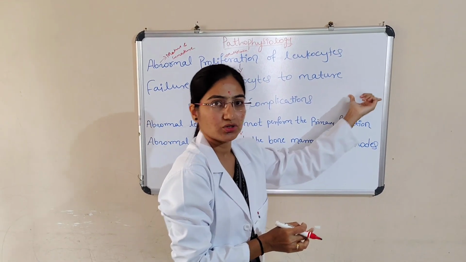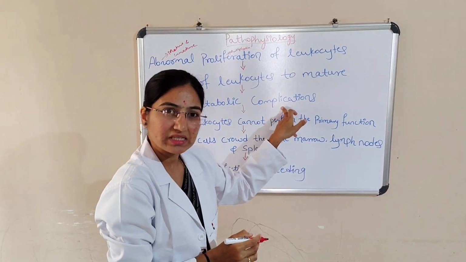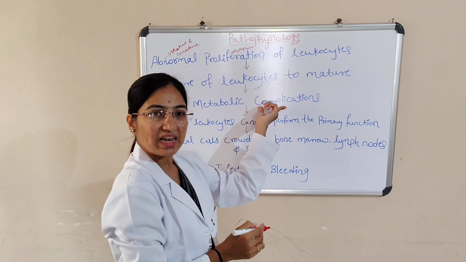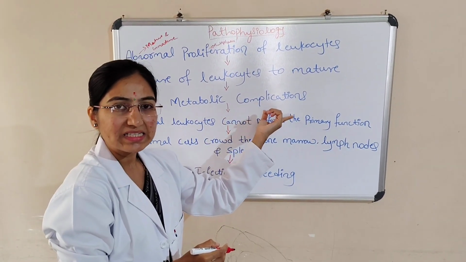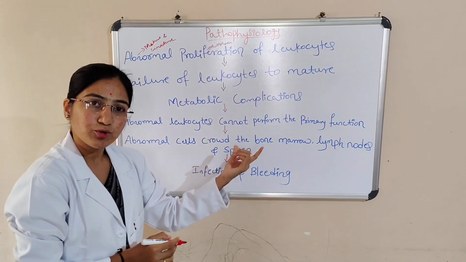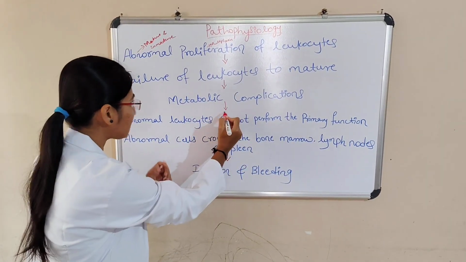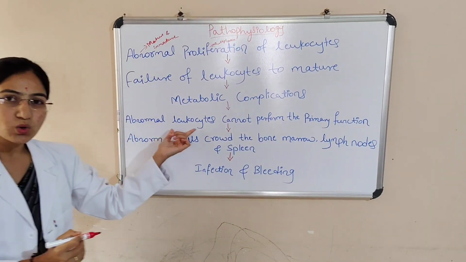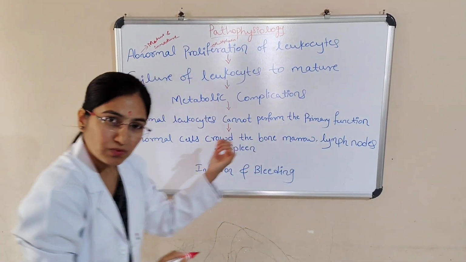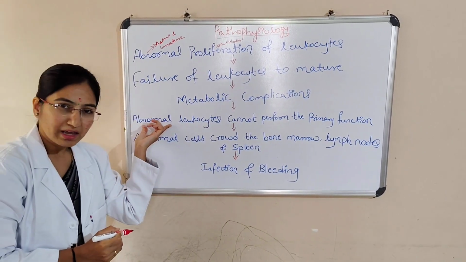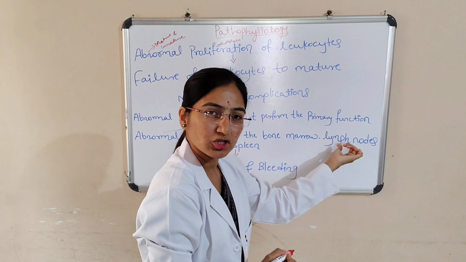Failure to mature leads to metabolic complications, like increasing the risk of heart disease, stroke, and type 2 diabetes. Since they are abnormal, they cannot perform their primary function.